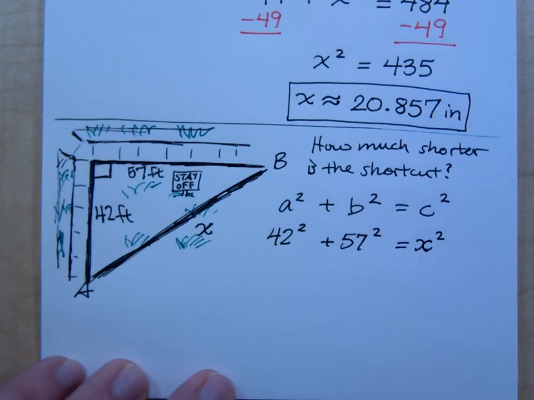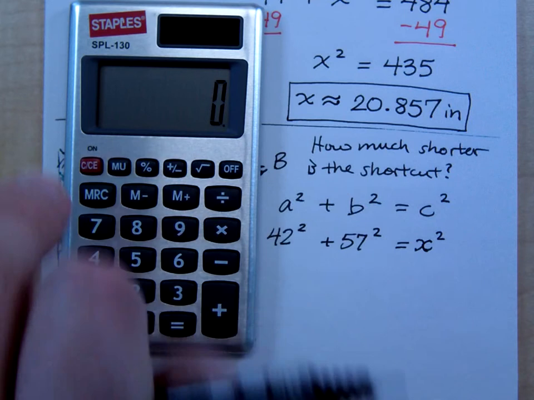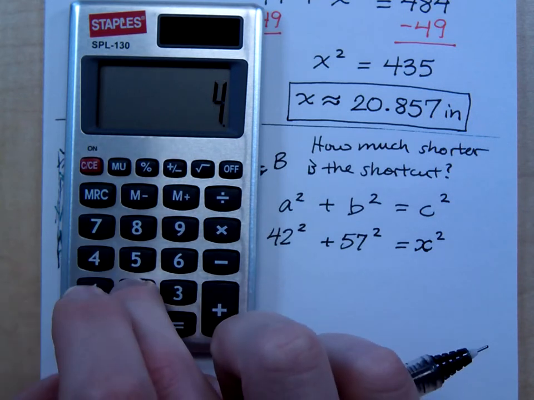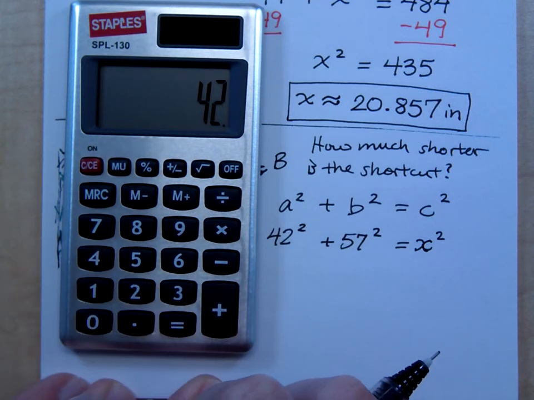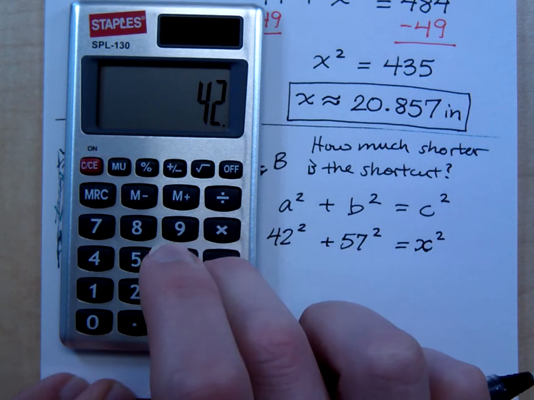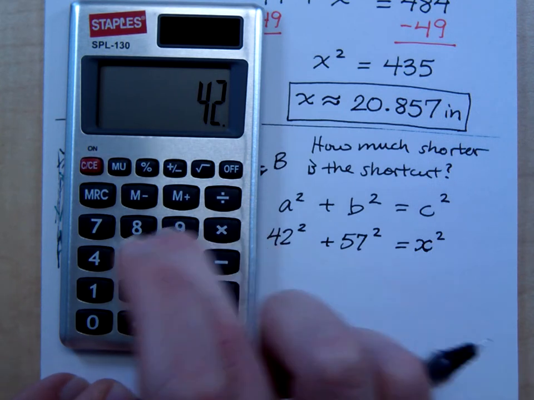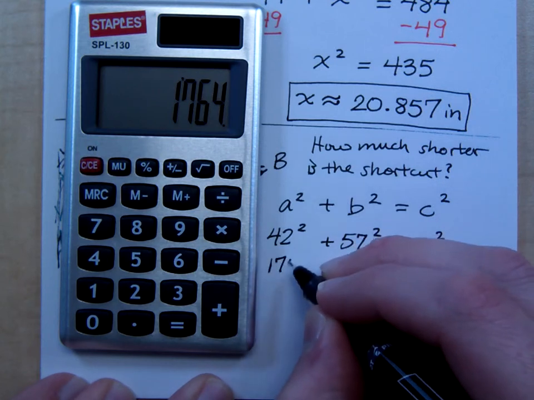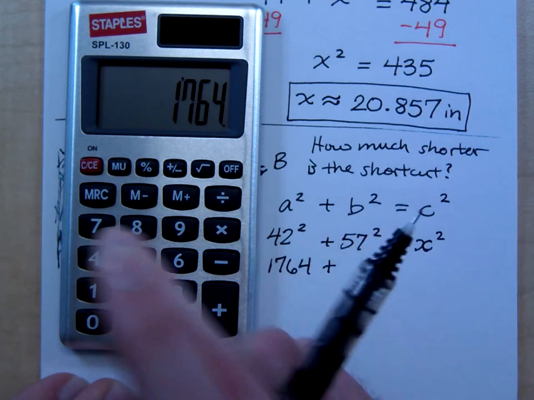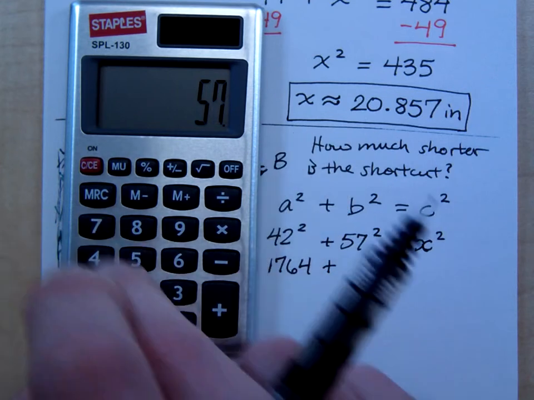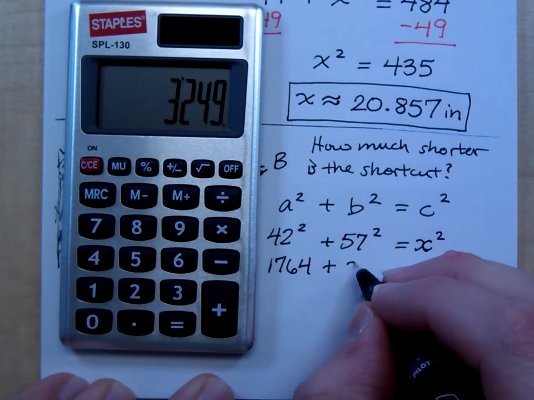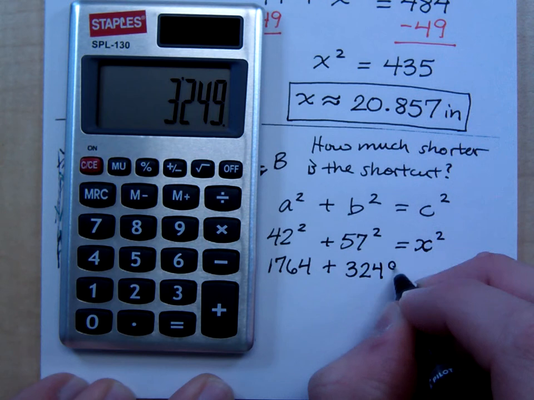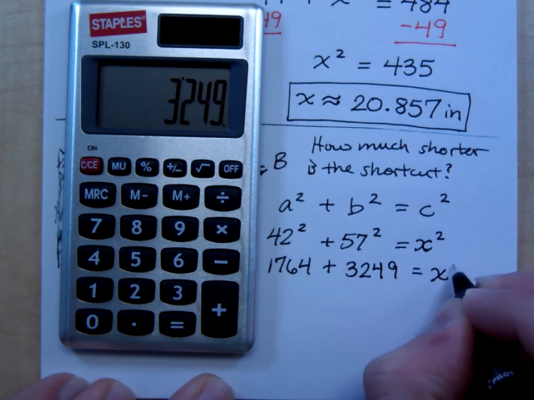I'm going to be lazy today. I'm going to use a calculator. So what's 42 squared? Oh, I have a square button. What am I going to do? Just times it again. All right, so this is 1,764 plus what's 57 squared? 3249. And that's my x squared.